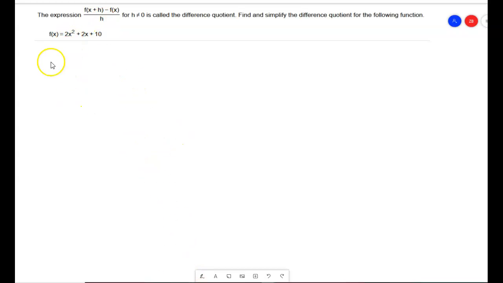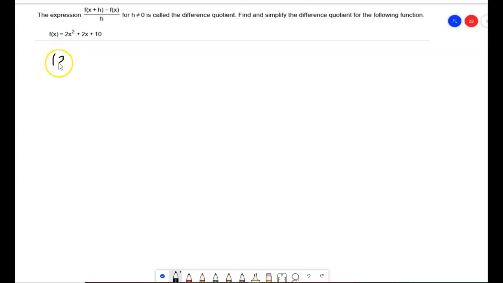So down here, for the f of x plus h, I'll put this whole first thing in parentheses and write this whole function down, but wherever there is an x, I'm going to replace it with an x plus h.